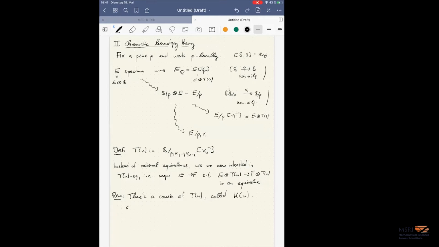So every Tn equivalence is a Kn equivalence. This is always true, and the converse, that every Kn equivalence is a Tn equivalence, is the Telescope conjecture.